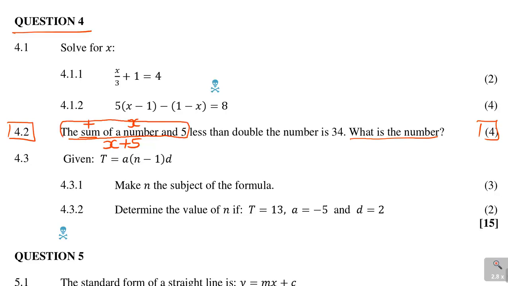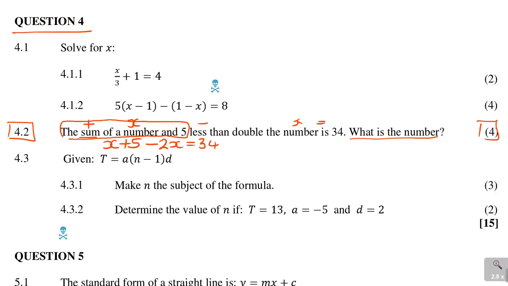And then the sum of a number and 5, less than double. Less means minus, and double the number means 2 times the number, which is 2x, because we said let the number be x. Is means equal to 34.